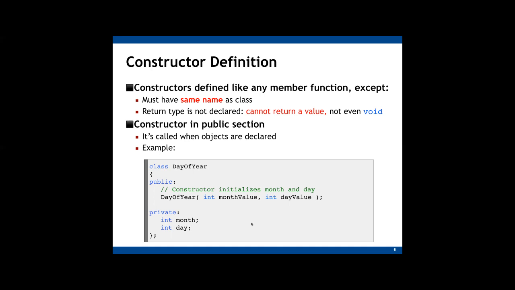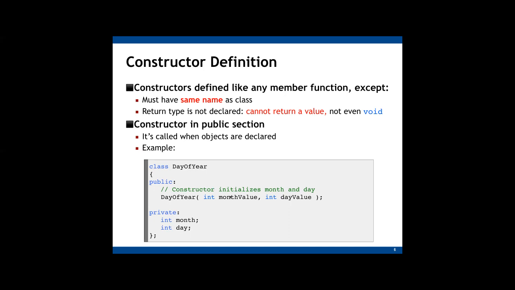Let's look at this example code. Here we have a class definition. The name of the class is DayOfYear. As you can see here, we declared one member function and two member variables. The member function has the same name as the class name, and it does not have a return type.